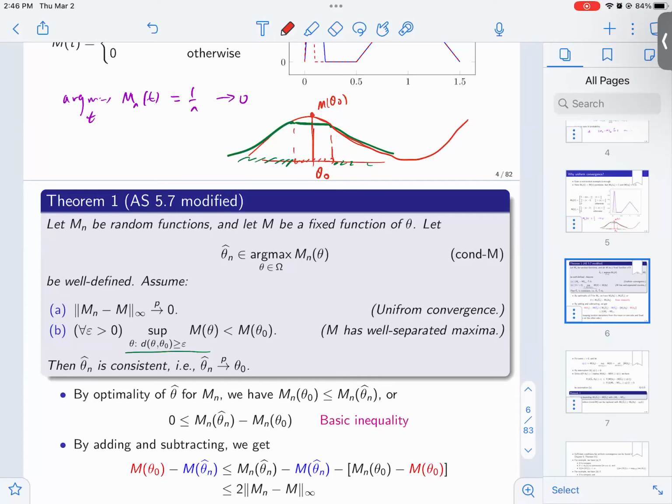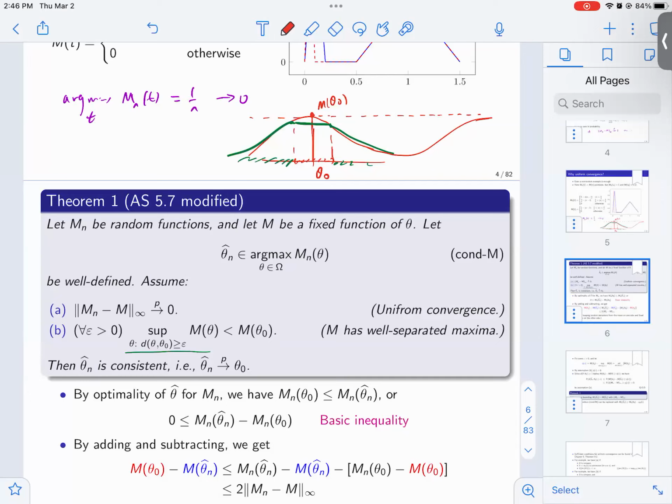This is an example from the asymptotic statistics book by Van der Vaart. It's on the website. The function goes back up and asymptotically approaches the maximum, so it's not that the maximum occurs at infinity, another maximum.